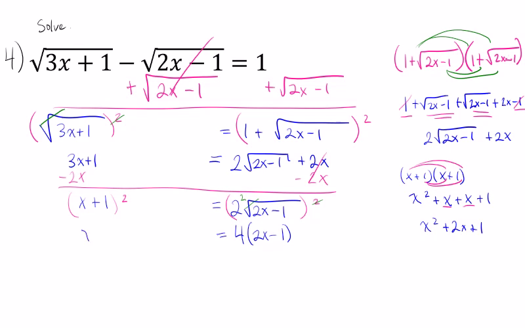Okay, and once again, we'll talk about some shortcuts in a little bit. So I get all that. I'm going to distribute the 4, so I get 8x minus 4. All right, so then I'm going to add 4 to both sides and also subtract 8x from both sides.